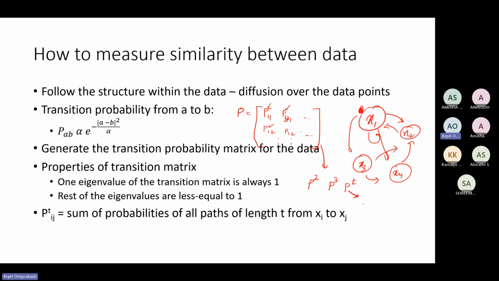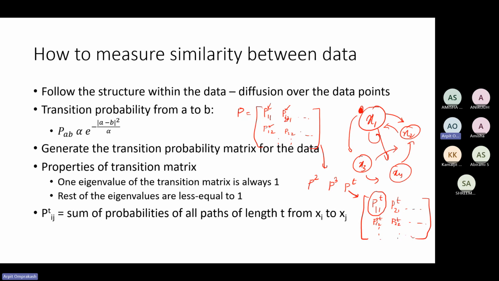Right. So, for example, this P^t will have elements p11^t, p21^t, and so on, and p12^t, p22^t, and so on. Right. So each of these elements, this one is basically the sum of probability of all the paths of length t from 1 to 1.